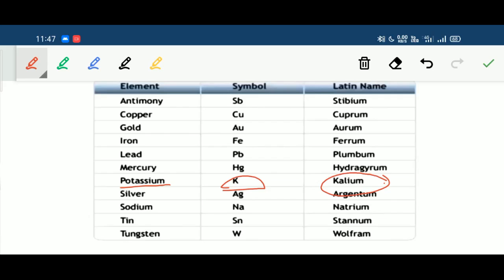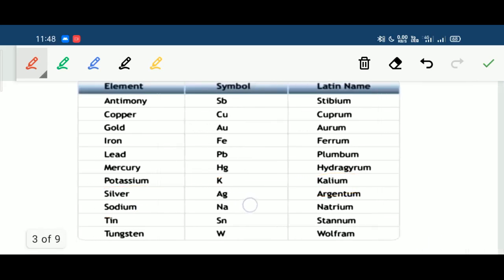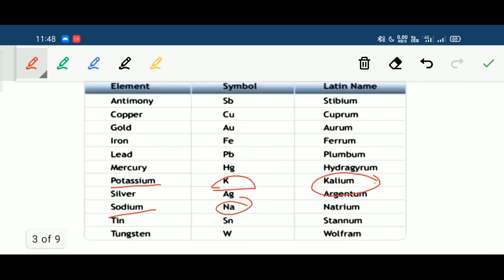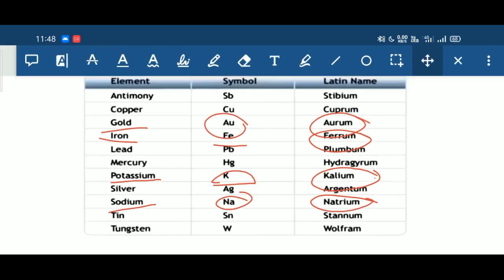Similarly, for sodium, Na symbol is used, which is derived from its Latin name natrium. For iron, Fe from ferrum, gold, Au from aurum, and so onwards, which means that symbols are not only derived from English letters or English names but also from Latin names.